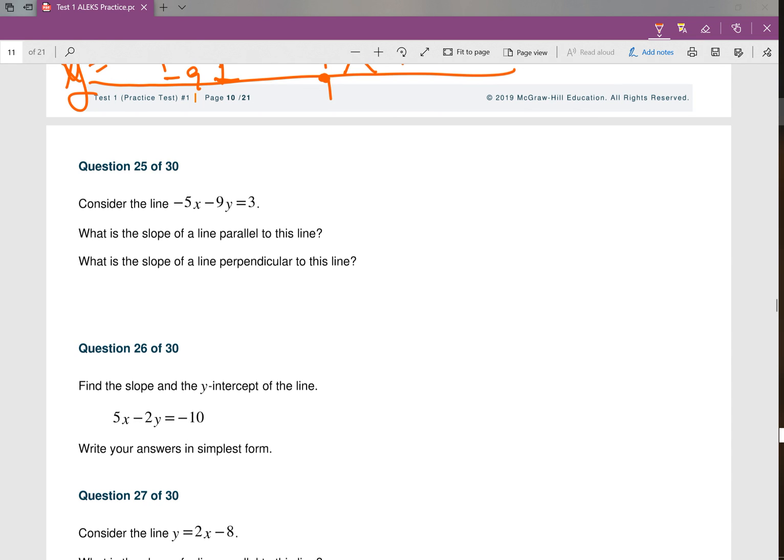Alright, number 25, consider the line. What is the slope of the line parallel to this line? The slope is the same for parallel, and for perpendicular it's the negative reciprocal. So let's find the slope of this line. I have negative 9y is equal to 5x plus 3. I'm going to divide by negative 9 on all three terms.